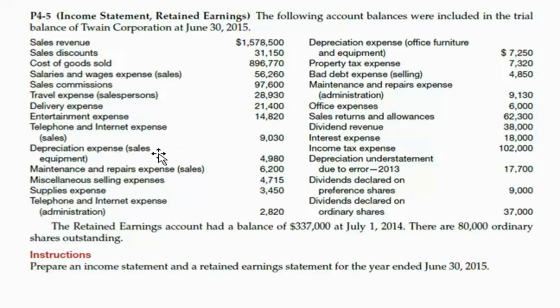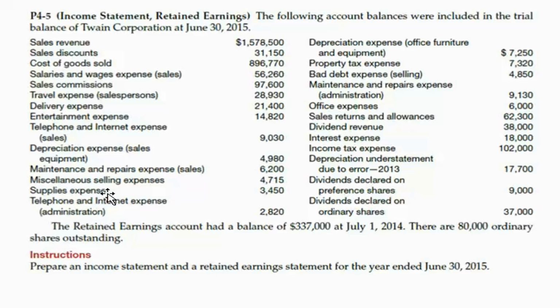If it says administration, it is administration, but here the item is sales equipment, so it is selling expenses. The next item, maintenance and repairs expenses, between brackets sales, so these are sales expenses also. Then miscellaneous selling expenses, meaning other selling expenses listed as miscellaneous. So all of the above are selling expenses.